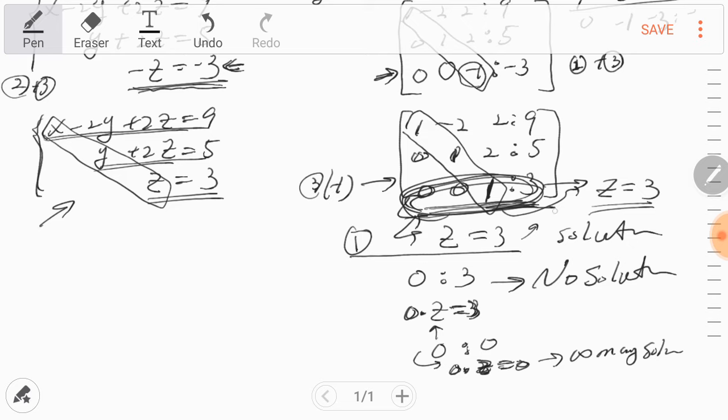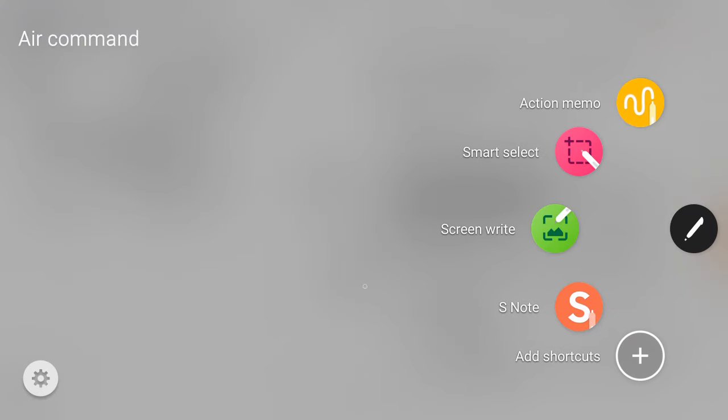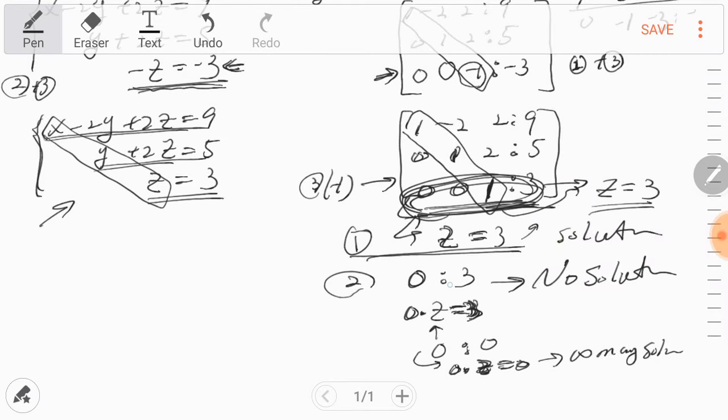Rewrite the third row as an equation. If it looks like z equals something, then it has a solution. If it looks like 0 times z equals some non-zero number, then there is no solution. And number 3 is 0 equals 0, then this one has infinitely many solutions. Okay, keep this in mind.